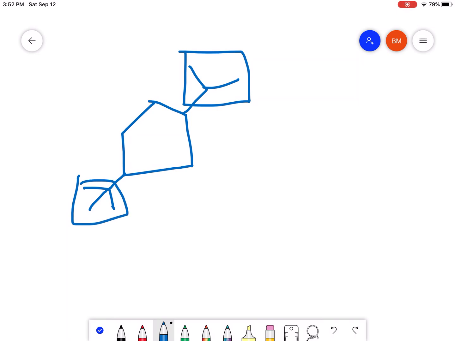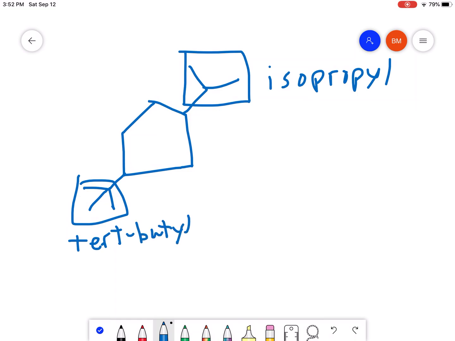All right. This is going to be an isopropyl, and this one's going to be a tert-butyl. Okay. So if you remember our alphabet conventions, we go I for iso, B for butyl, so the tert-butyl group's going to win. It's going to be at carbon number 1.